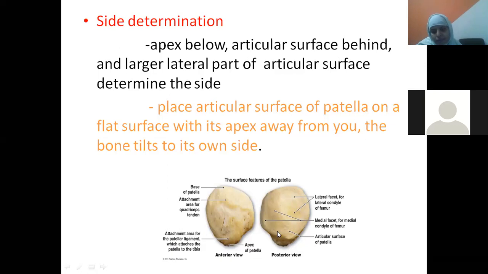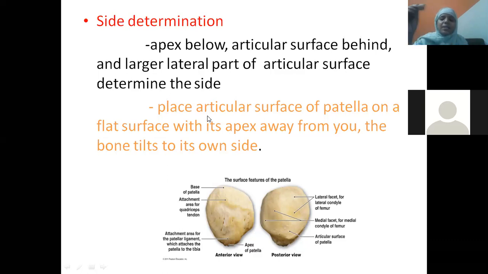In between you have a line. So that means when you allow this patella to rest on the table, it will be resting on its own side. Suppose now if I keep it like this, it is resting on the right side, taking its complete support.